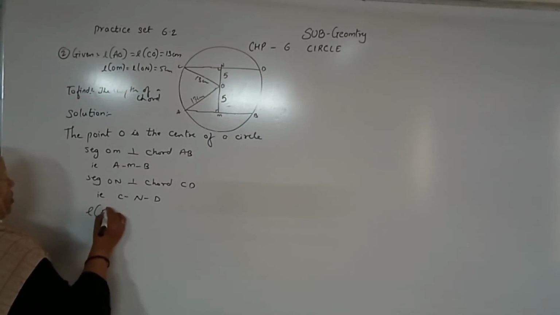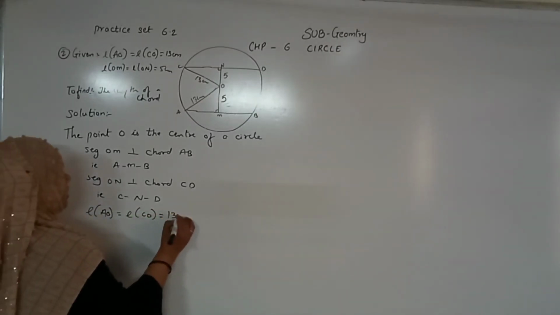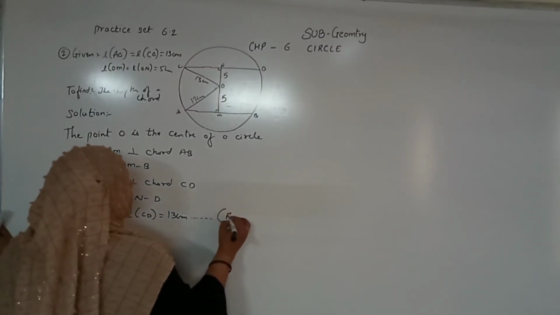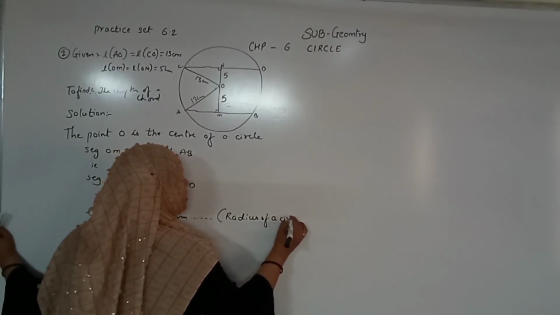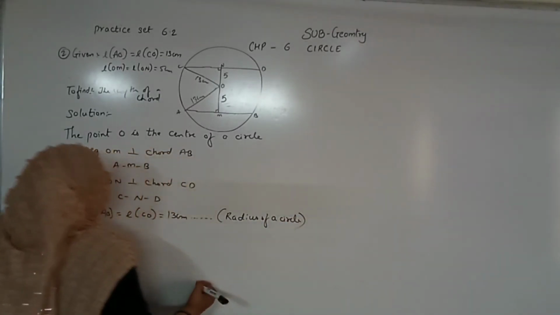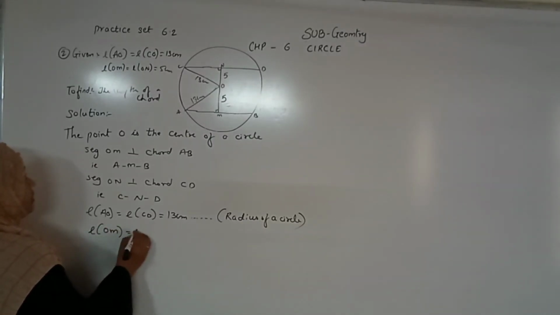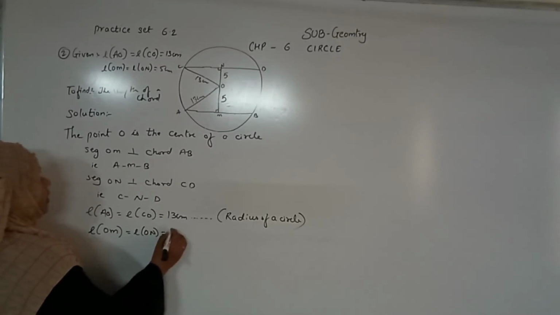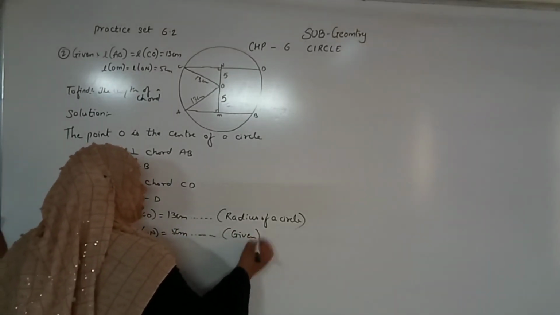Length of OA equals length of CO equals 13 centimeter. You can write the reason: radius of a circle. Already the question is given, OM equals length of ON equals 5 centimeter. ये already क्वेश्चन में given है.